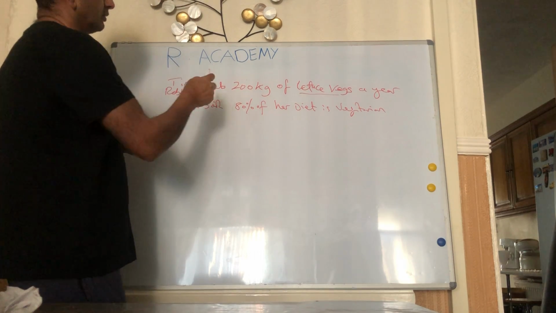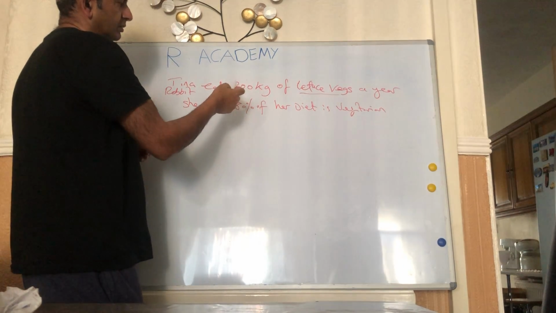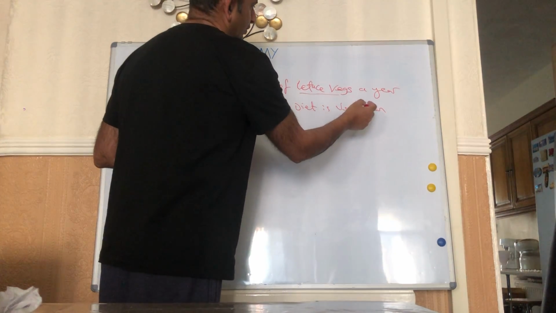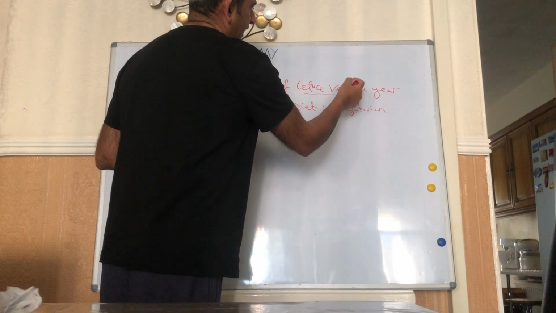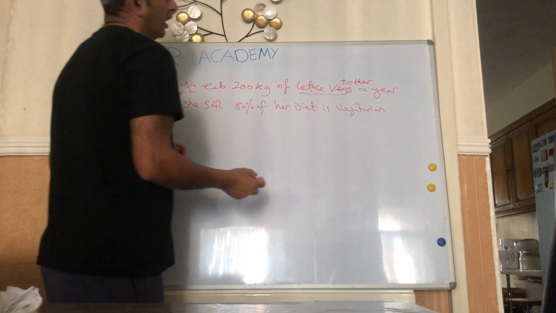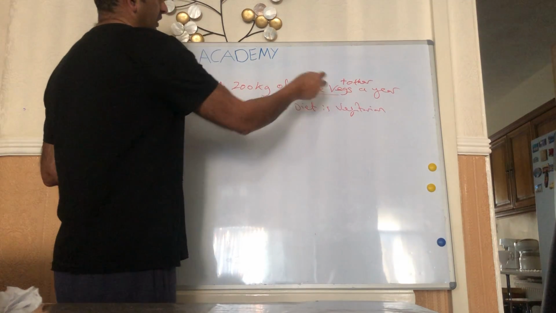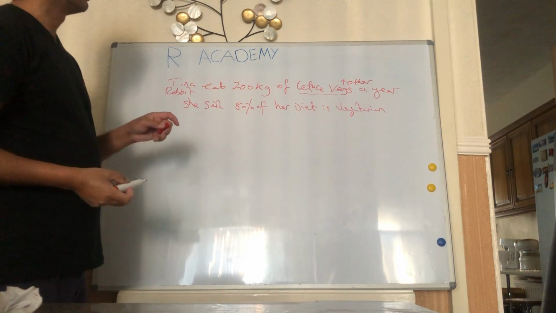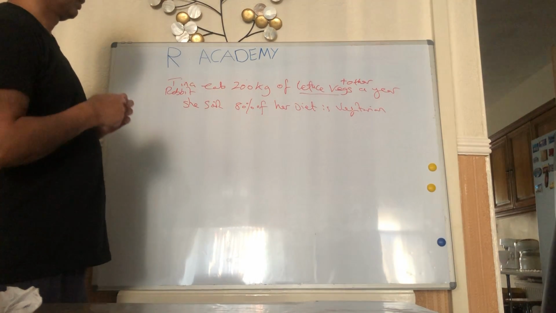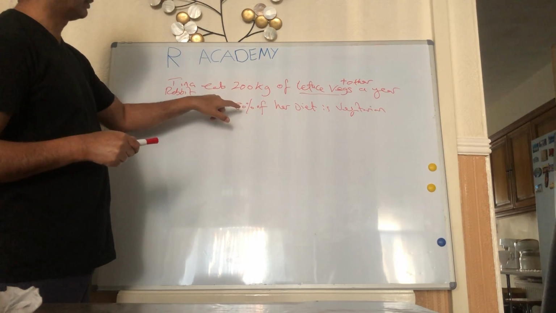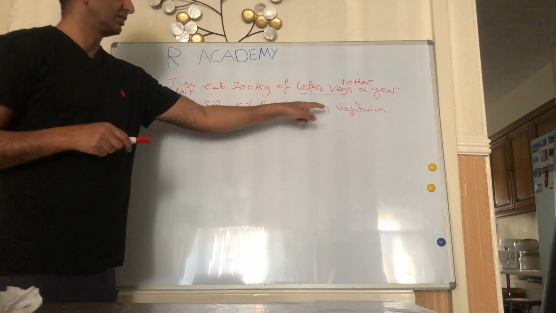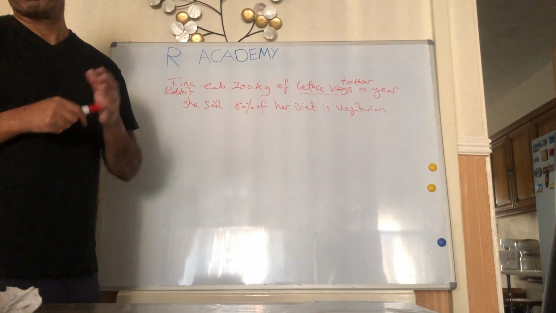The rest of the 200 kg, 80% of it is vegetables, but lettuce, veg and other. And the vegetarian bit of it, which is veg, which is like carrots, lettuce and stuff, out of the 200 is vegetarian. So we need to find out what is that 80%, how many kg of that 200 does she eat as a vegetarian diet.